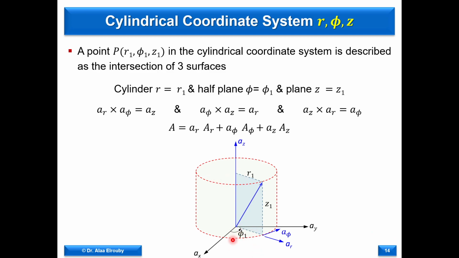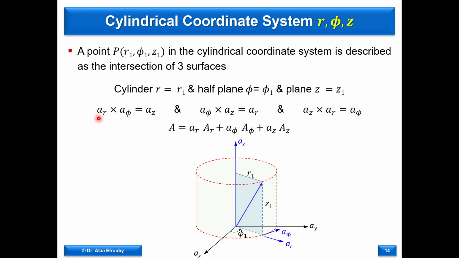The intersection of those three things, the circle, the vector, and the other vector, is this point, which is the intersection of the three surfaces, and it describes the coordinates of a point in the cylindrical coordinate system.